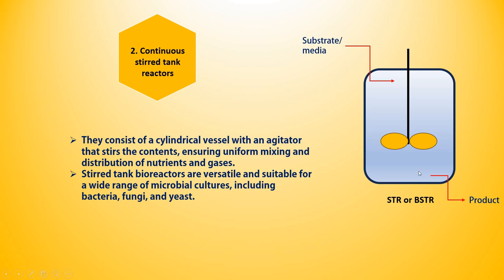For that reason, the volume within the tank remains fixed, but a continuous supply of fresh media takes place within the reactor, and for that reason all the microbes present within the bioreactor show the log phase because they are continuously dividing and there is no nutrient limiting factor. So this is the basic difference between stirred tank bioreactors and continuous stirred bioreactors.